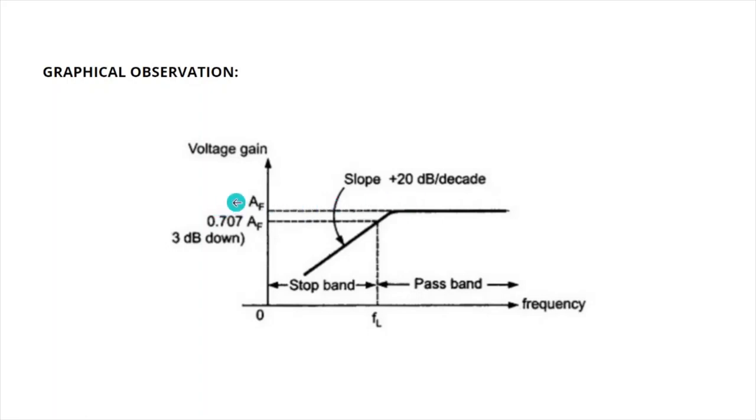And here we have AF, which is the constant gain, and here we have the cutoff frequency. At the cutoff frequency the gain is 0.707 times AF, and it is also known as 3 dB down. So that's all about the graphical observation.